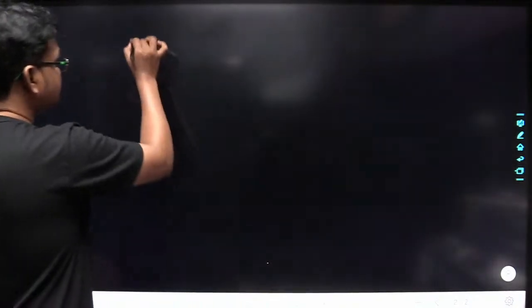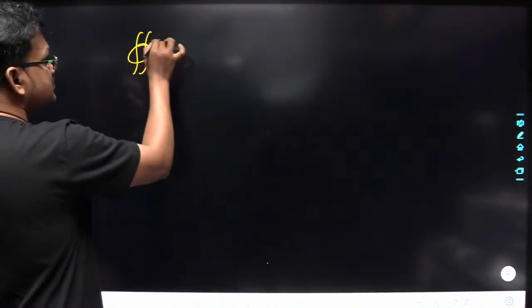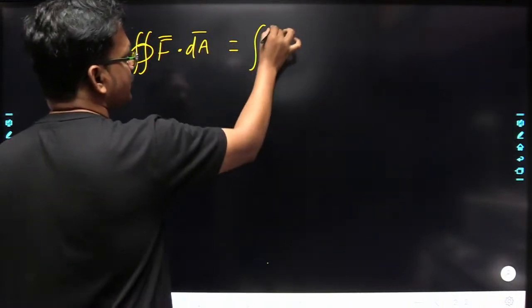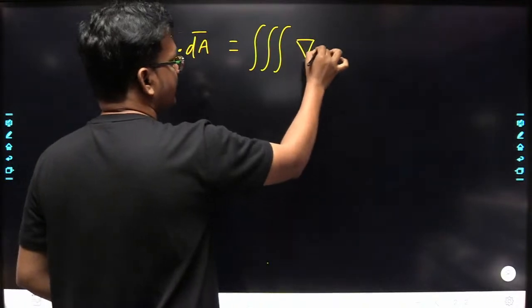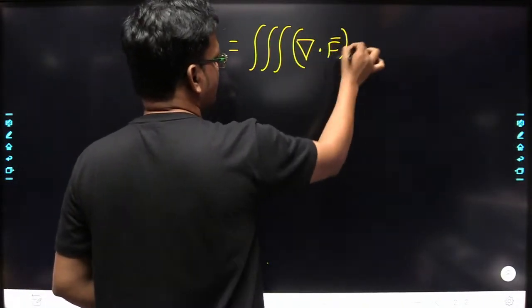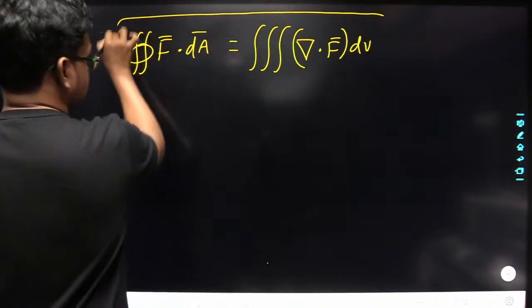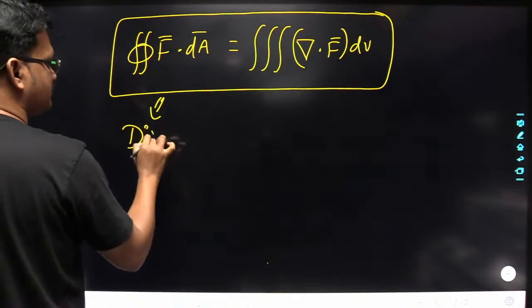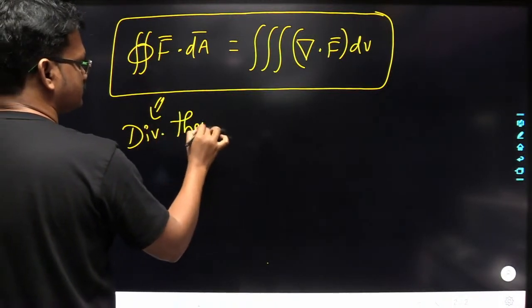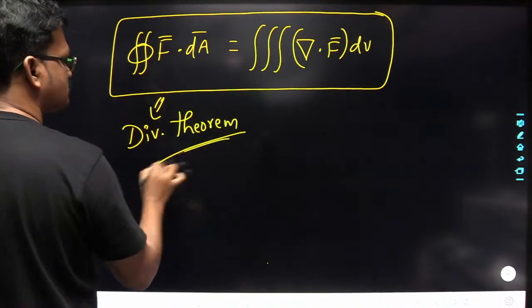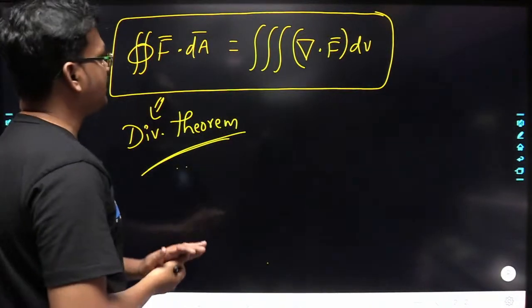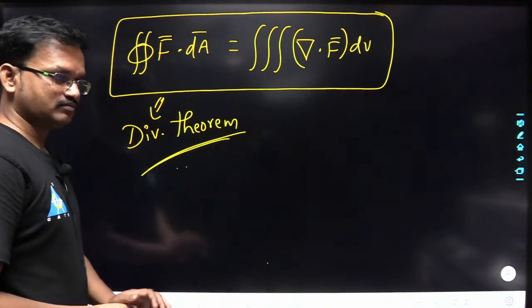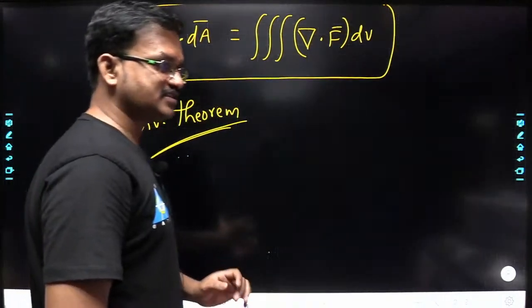So finally, the divergence theorem we got as what? The flux that is leaving any closed surface is equivalent to the triple integral of divergence of f bar into dv. So this is the divergence theorem. The purpose of the divergence theorem is that the mathematical calculations get very much simplified by using it.